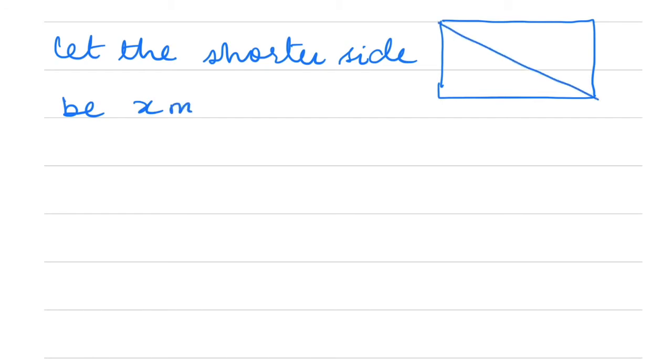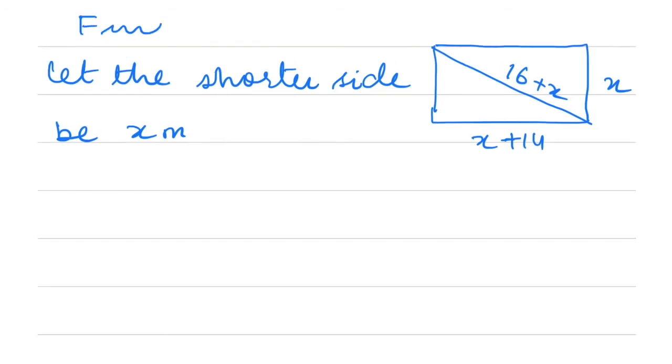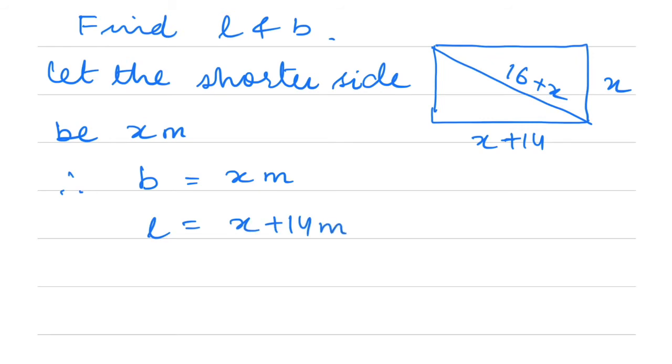Diagonal is 16 more than the shorter side, so 16 plus x, and the longer side is 14 meters more than shorter side, and we have to find length and breadth. Therefore breadth is equal to x meter, length is equal to x plus 14 meter, and the diagonal is equal to x plus 16 meter.